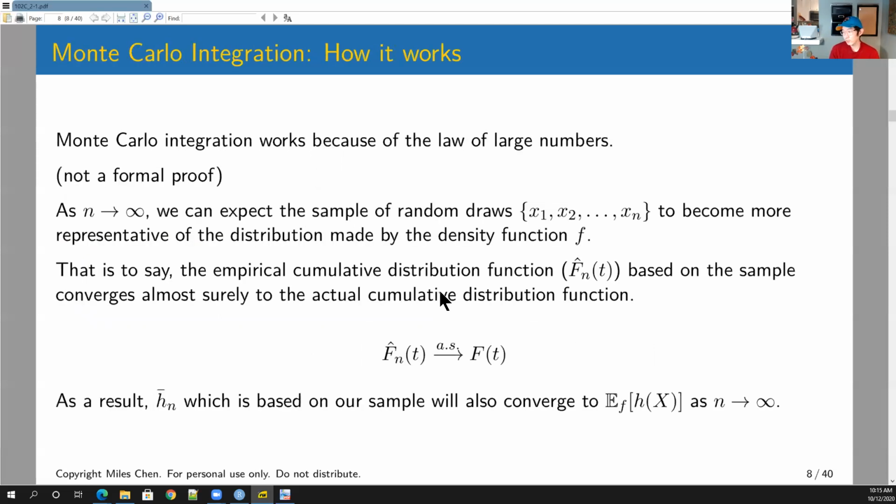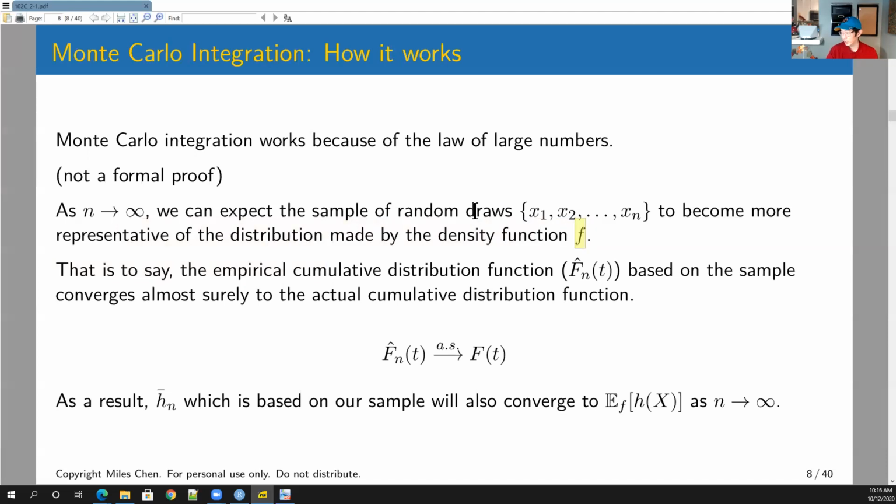All right, so this is not a formal proof, but as we draw more and more values, we can expect the sample of all of these random draws to become more representative of the distribution that we've made by that density function f.